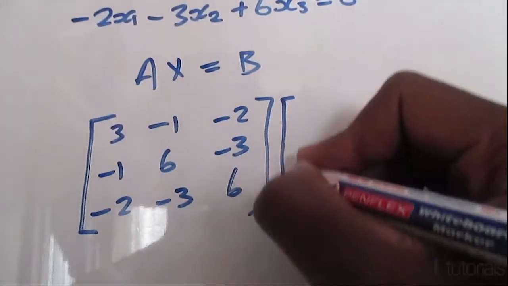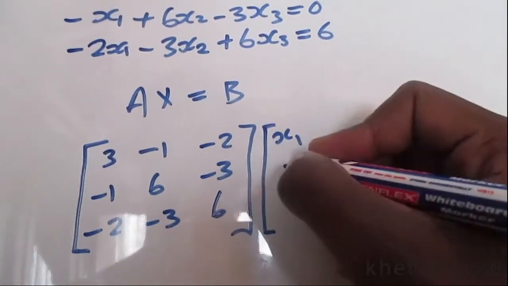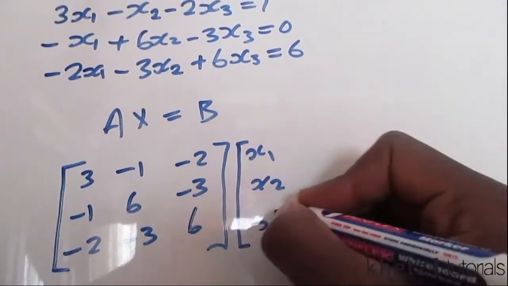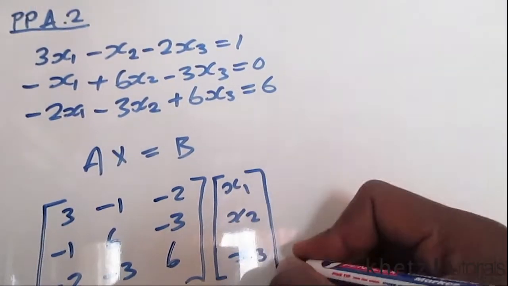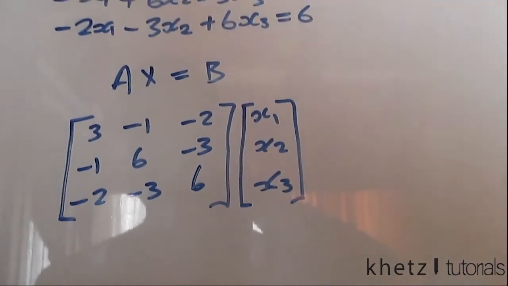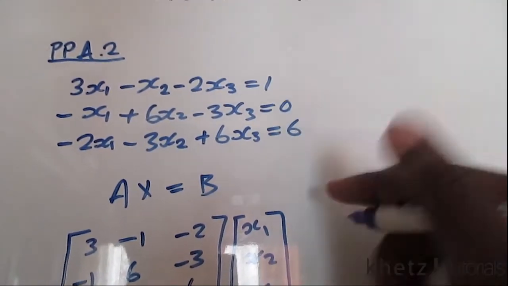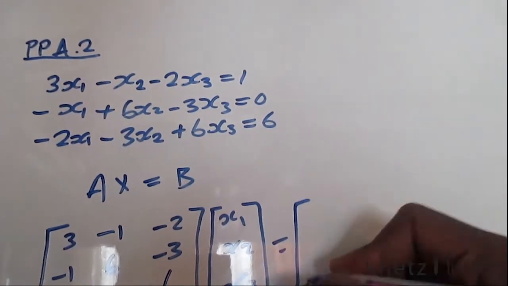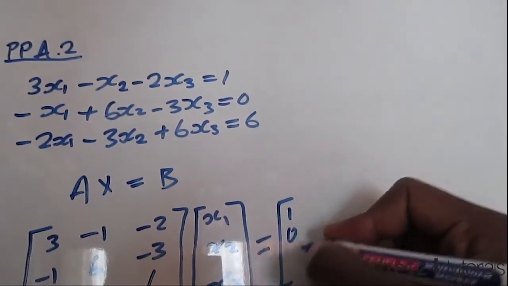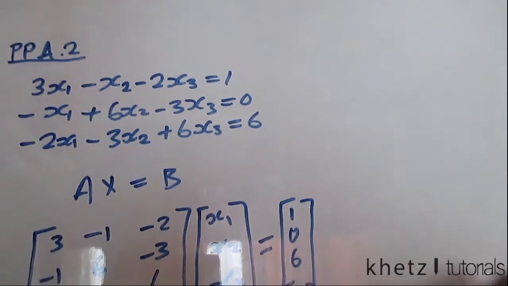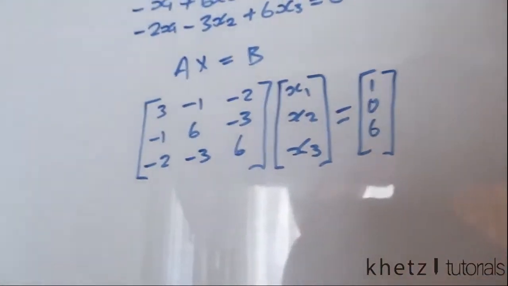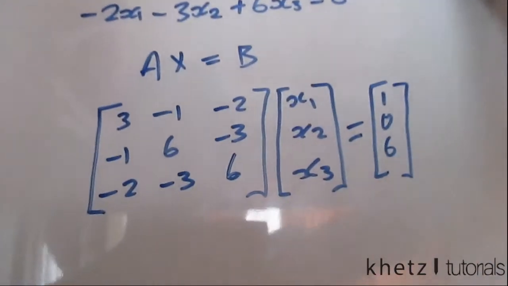Then we're going to have the X column, which is X1, X2, X3. And we're going to equate all of this to the B matrix, which consists of these constants. All right, so that's going to be 1, 0, 6. So now you want to solve this system of equations using Cramer's rule.